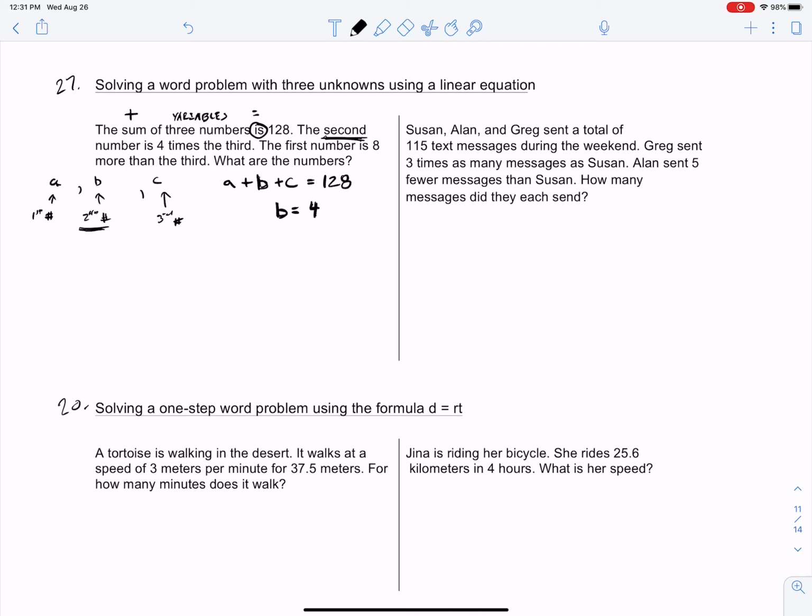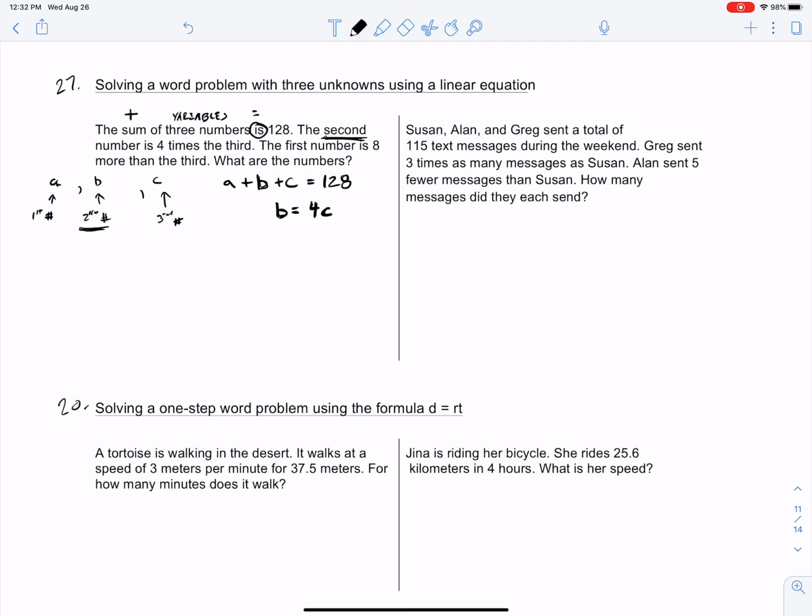What's my third number? C. 4 times C. Again, 4C, the coefficient in front of that variable is 4 times C. So now I know what B is, or at least represents. I don't know the specific number yet, but I do have a possibility here.